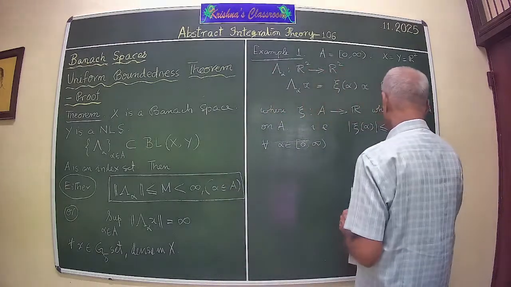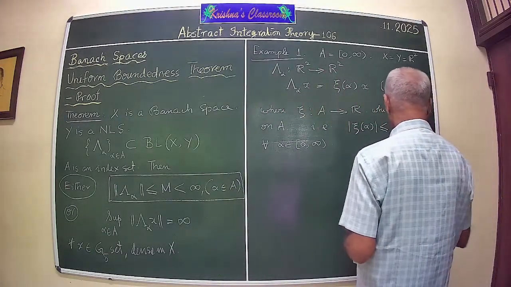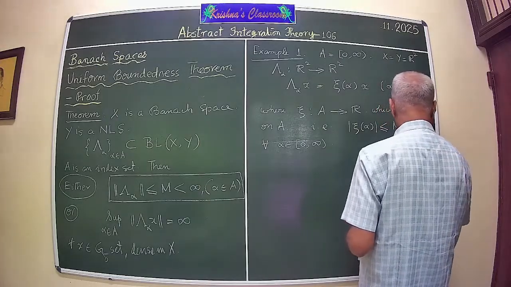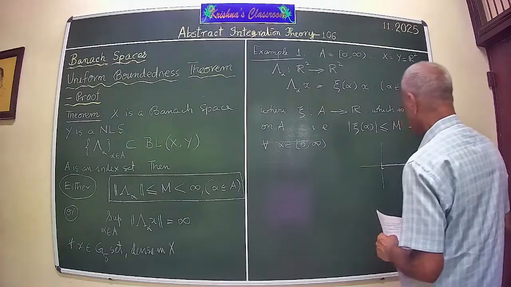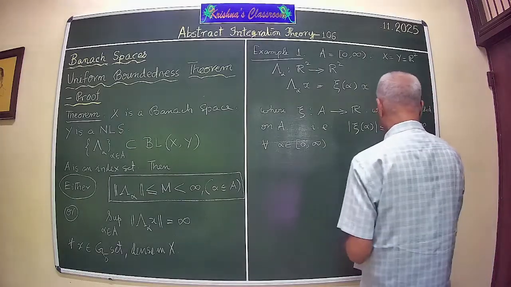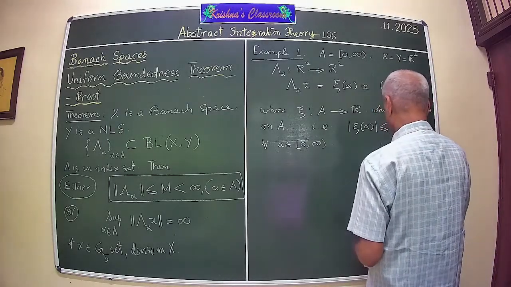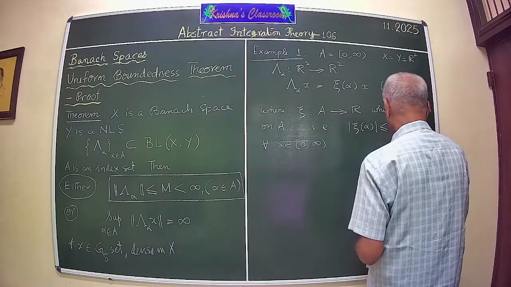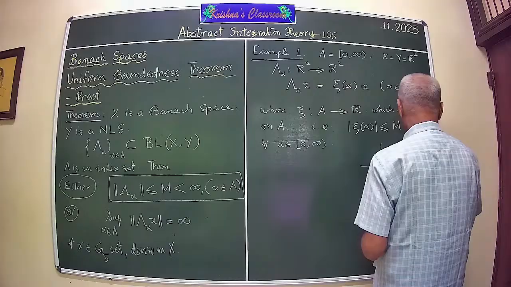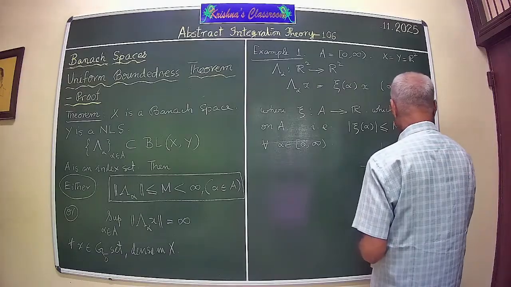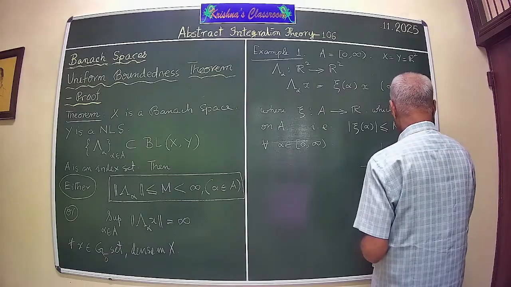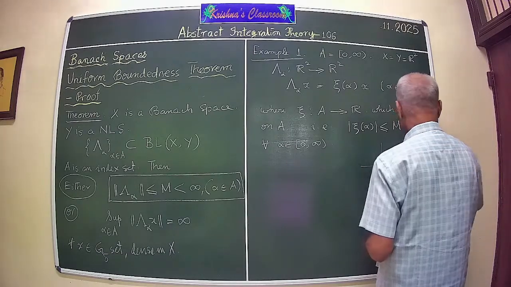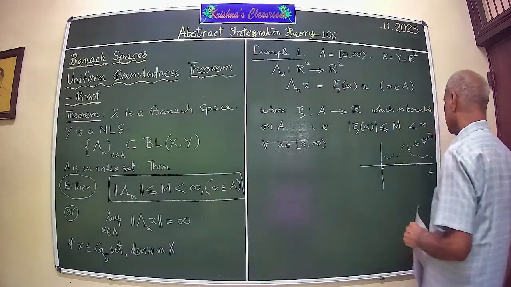What we are assuming is possibly something like this. This is your A, and if you plot this, the function would be something like this. We take a non-negative function. So this could be psi alpha.